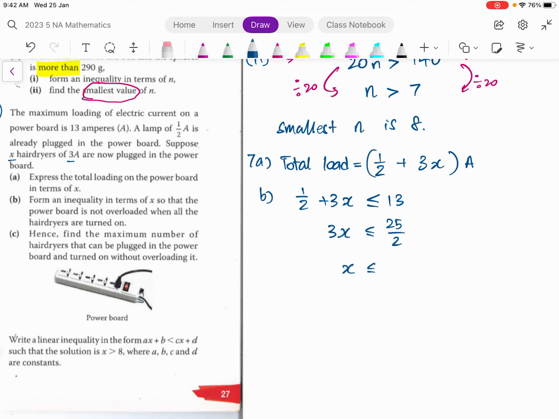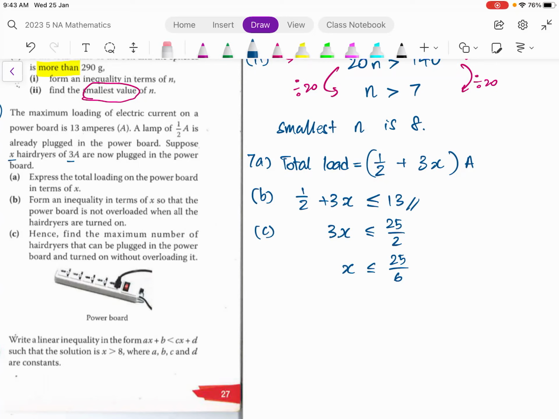So x is less than or equal to 25 over 6. Oh, wait. Sorry. This is part C already. Part B stops here. Part B is just form inequality, and then part C says hence find the maximum. I just did extra already.